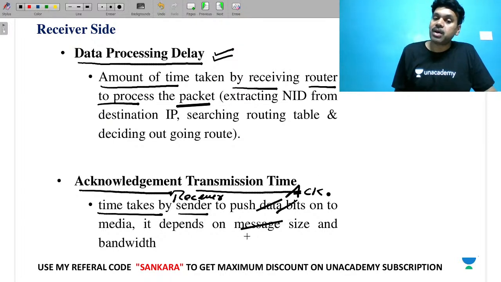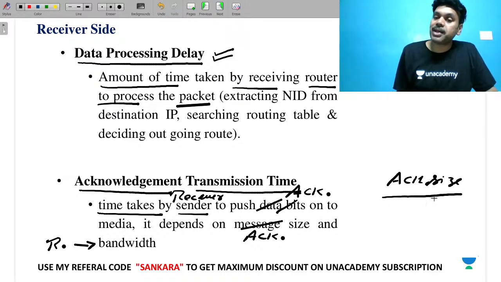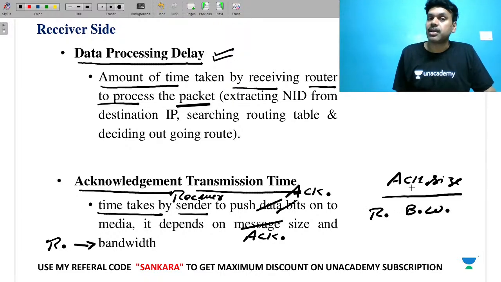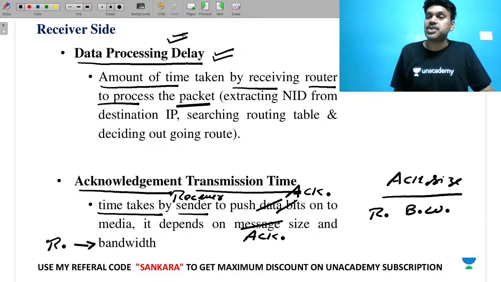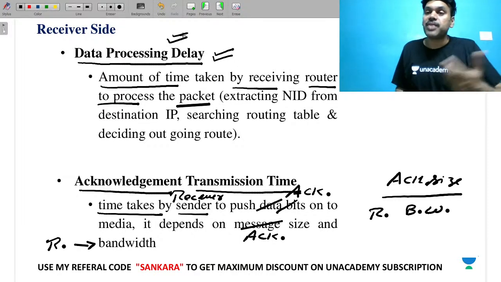It depends on your acknowledgement size and the receiver's bandwidth, so we can write it as acknowledgement size divided by the receiver's bandwidth. The point: for data processing delay, there is no equation. It is some fixed amount which may vary from time to time.